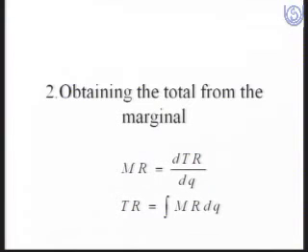So if we can obtain marginal revenue from total revenue via the channel of differentiation, then we can get back from marginal revenue to total revenue via the channel of integration, and that is indeed what has been done in the second equation. You will see that total revenue is nothing but the integration of marginal revenue with respect to quantity.